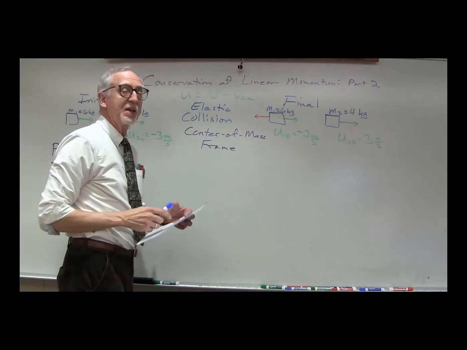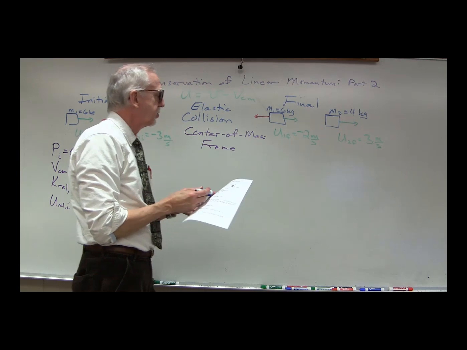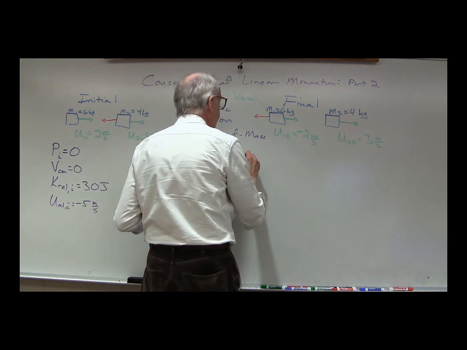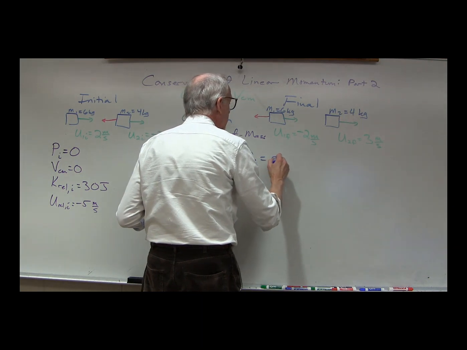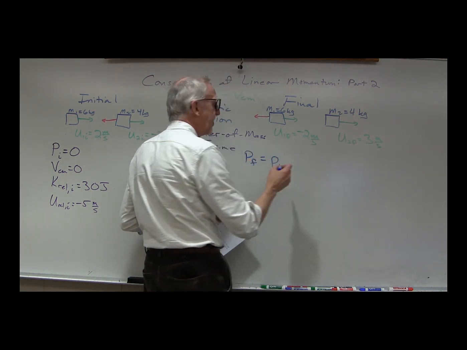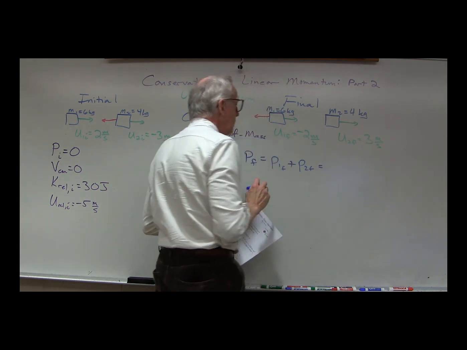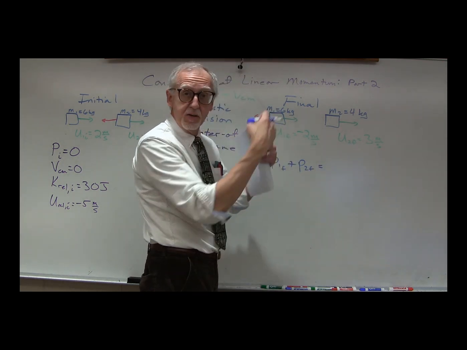Let's do those calculations for the final situation. The total final momentum will be the sum of the final momenta, p1 final plus p2 final, which will be m times u.